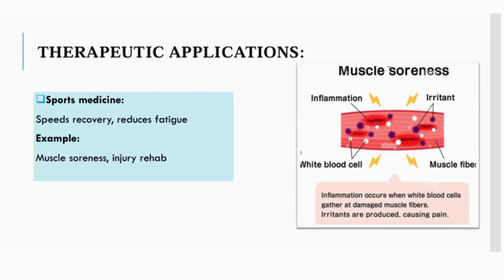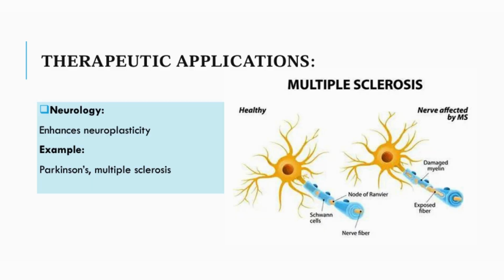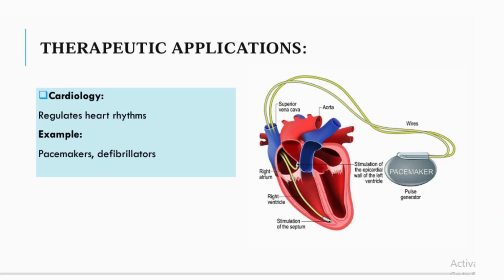Some other applications are in sports medicine, like speeding recovery and reducing fatigue, for example muscle soreness and injury rehab. Or neurological applications, such as enhancing neuroplasticity, for example in Parkinson's or multiple sclerosis. In cardiology, applications such as regulating heart rhythms, for example pacemakers and defibrillators.